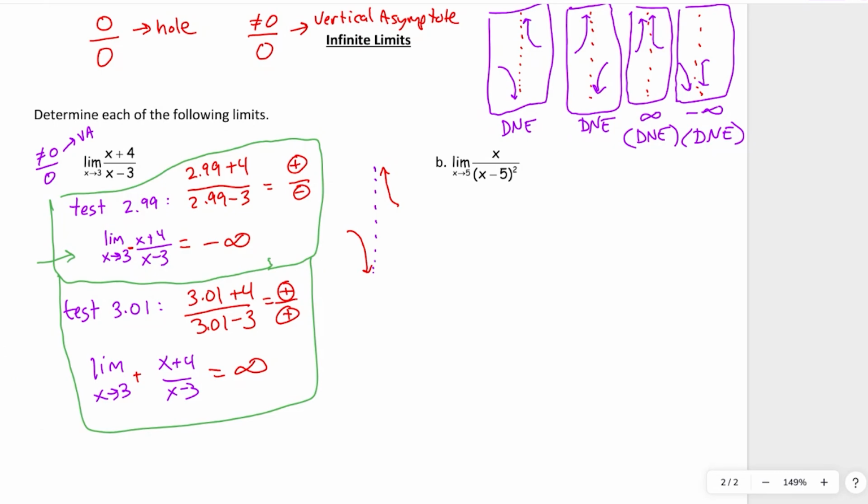Basically, you're just trying to communicate what's going on both sides of the asymptote. All right, so what's the overall limit? Yeah, the limit doesn't exist. So the limit as x approaches 3 of x plus 4 over x minus 3 does not exist. I didn't write the actual function there.